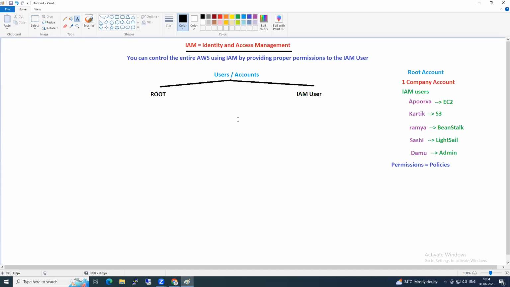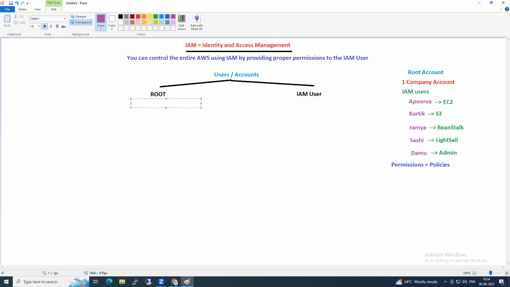Root user is a super user, that means he has full control. IAM user has only limited permissions. Very good.